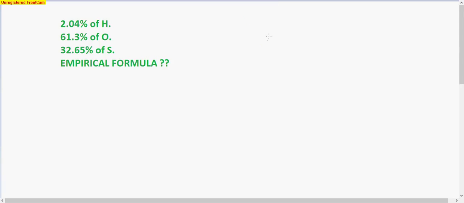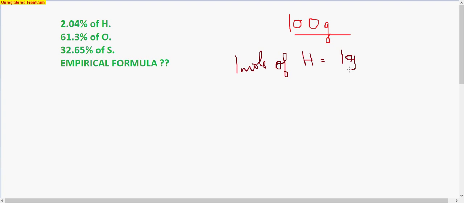So like in other problems, we will consider it as 100 grams. We write it in a similar way. 1 mole of hydrogen, how many grams? You know that the atomic mass of hydrogen is 1, therefore 1 gram, right? 1 mole of oxygen.